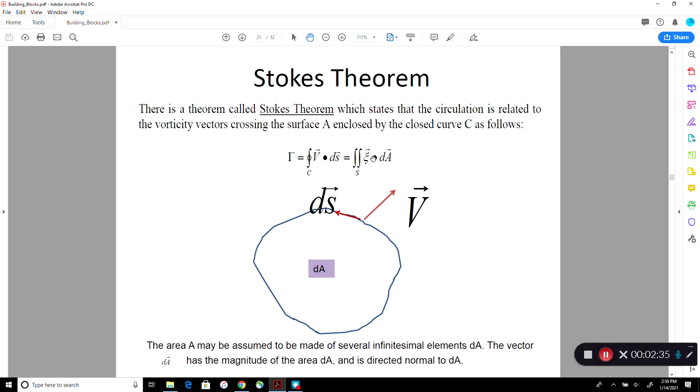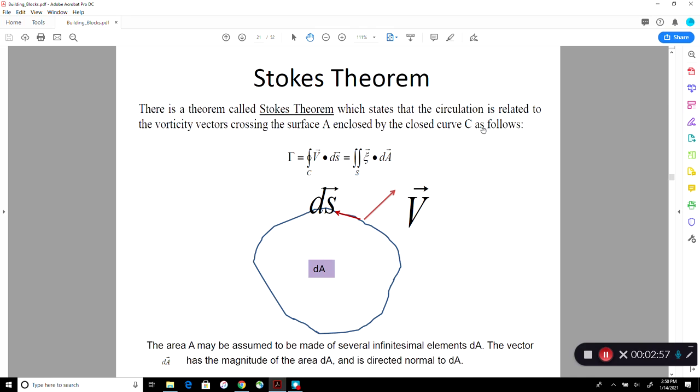So the vorticity is a vector. We used to call it omega. Anderson calls it xi. If you dot it with dA, where dA is an area vector with an area magnitude, its direction is normal to the contour. So the normal is now coming towards you.